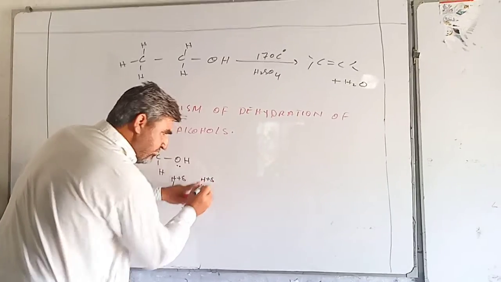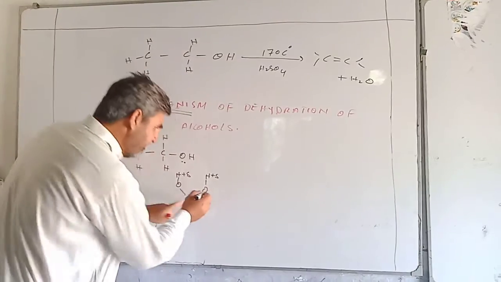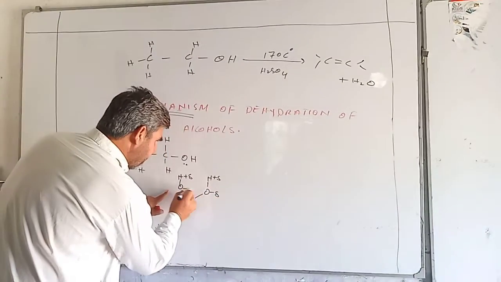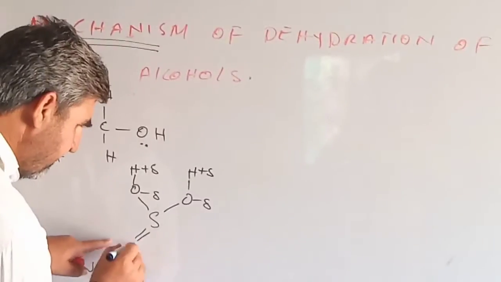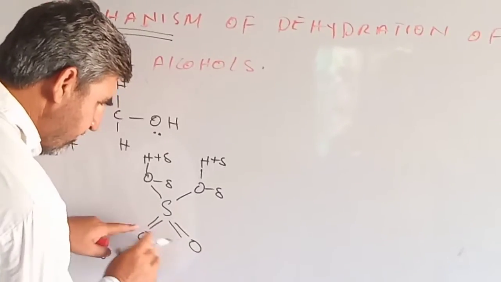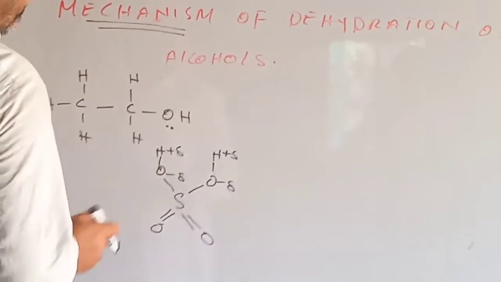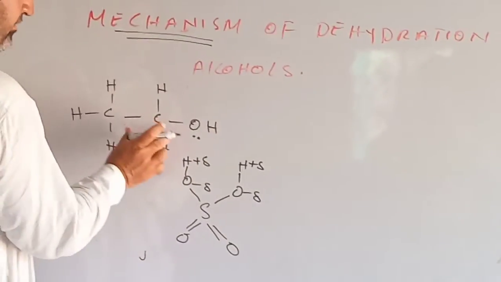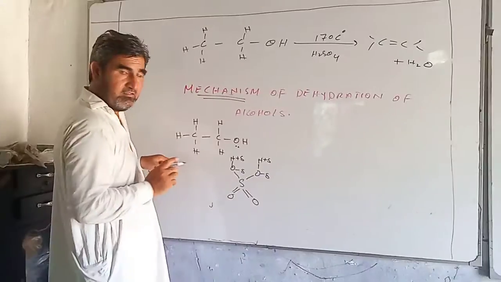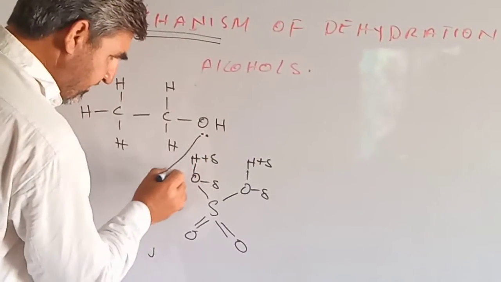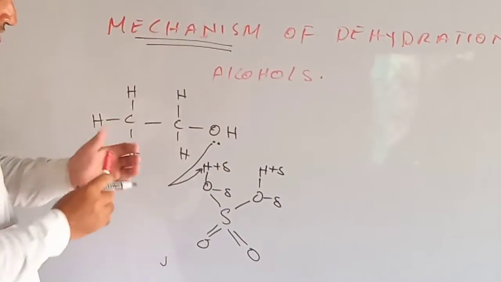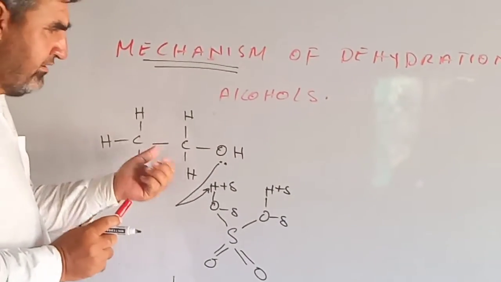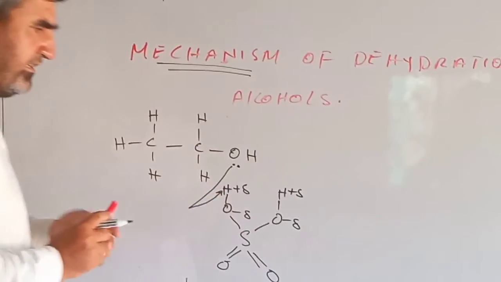The next hydrogen also carries a partial positive charge. This oxygen carries a partial negative charge, with a double bond between oxygen and sulfur. Now this alcohol will be protonated by the lone pair of electrons.